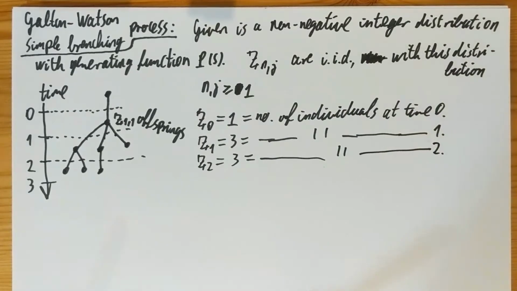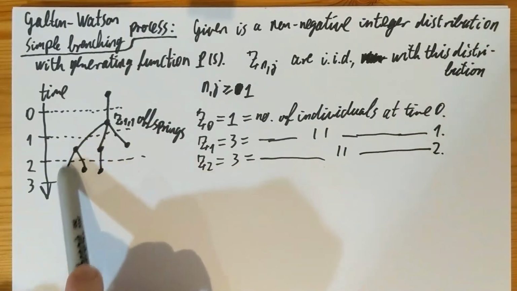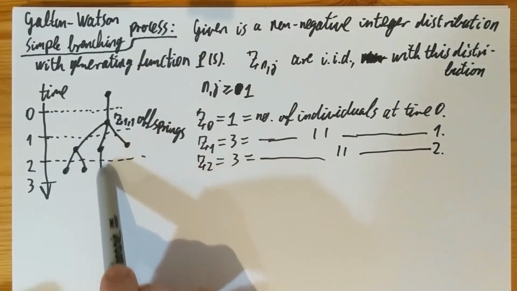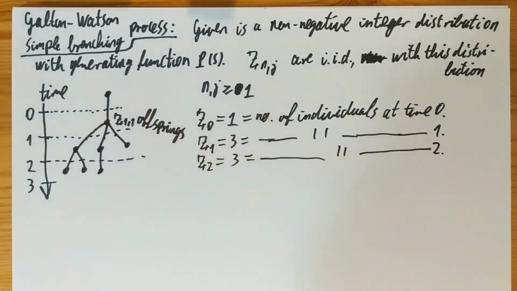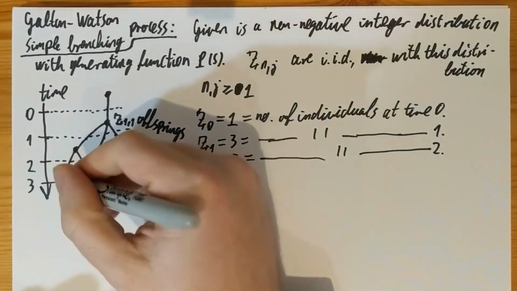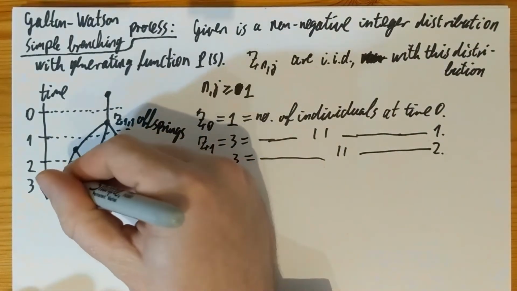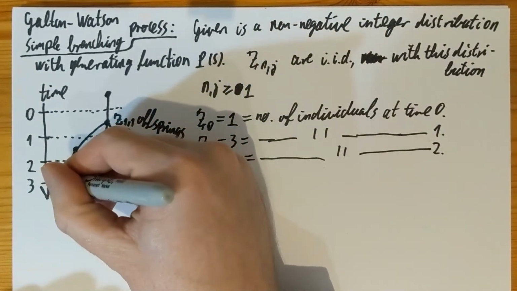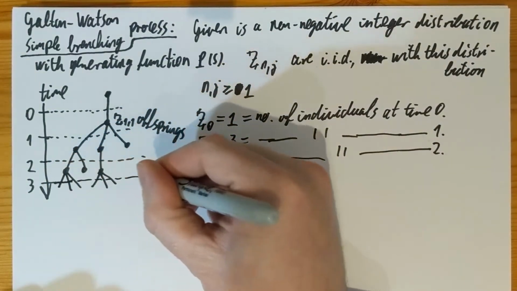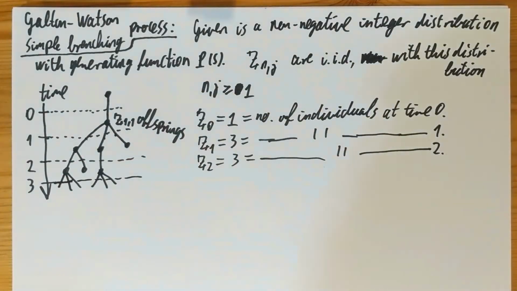Why is it 3? Because one of the amoeba decided to have 2 offsprings, the other decided to have just 1, and the third one just died without any offsprings. So that's a total of 3 amoeba. And this is how the process goes on. So maybe I have 6 at time 3, and so on.